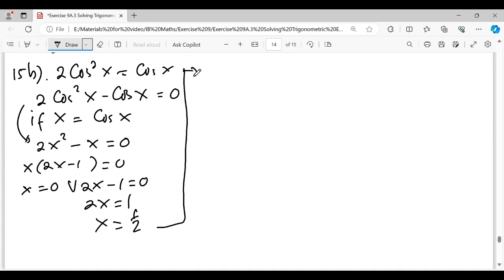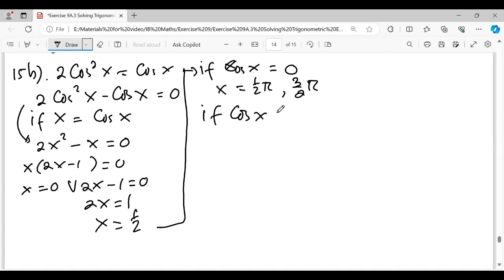We're gonna move into this space. If cosine x equals 0, x equals half pi and 3 half pi.